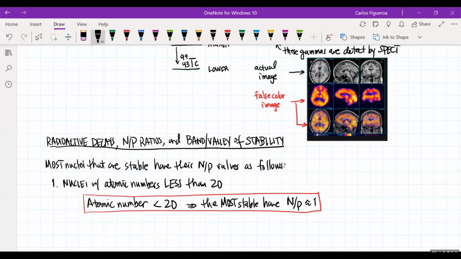Then if I go to the next one, we're going to talk about nuclei with atomic numbers between 20 and 82. What's 20? It's calcium. What's 82? It's lead.